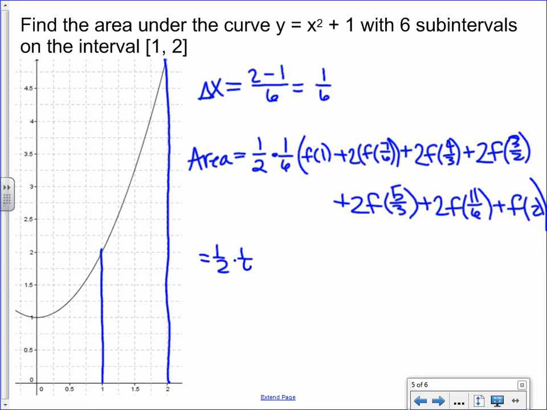1/2 times 1/6, f of 1. 7/6 squared is 49/36. Then we have to add 1, which is like adding 36/36. When we square 4/3, 16/9 plus 9/9.